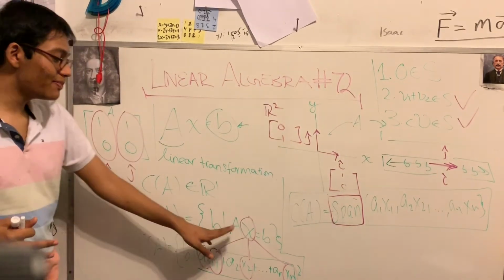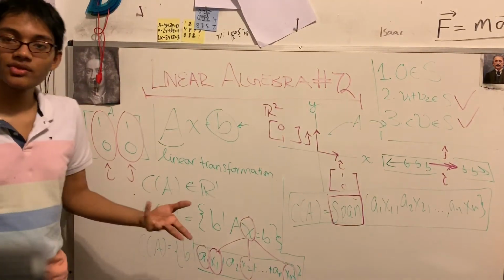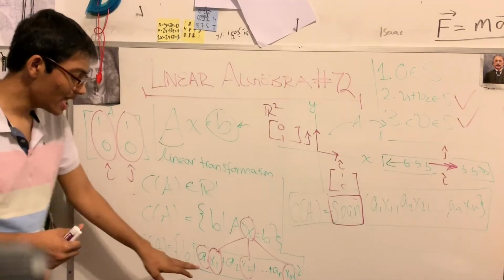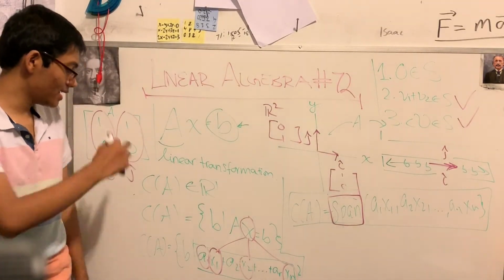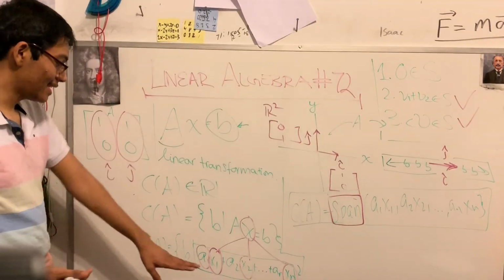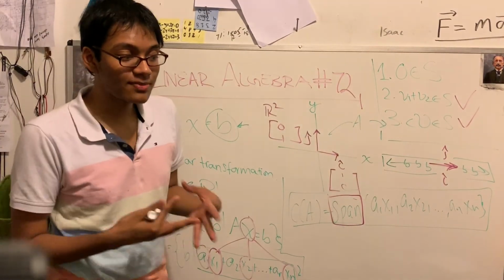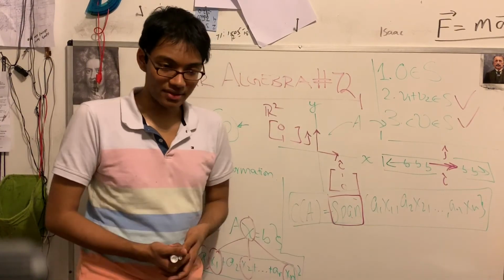Then we expanded A times X using the general notation of a matrix times a vector, and we got a1 x1, a2 x2, all the way to an xn, the sum of that. We recognized that this was a linear combination, and we could express it as the span of these vectors.